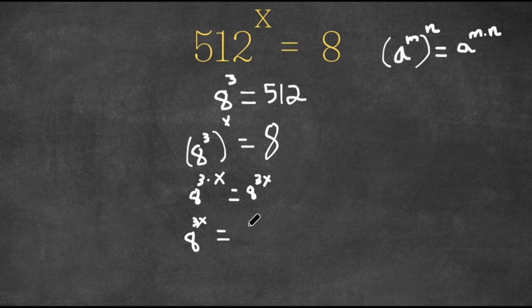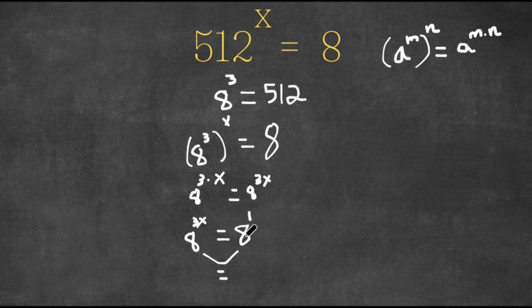equals 8. And now if you notice, our two bases here are the same, meaning because our two bases are the same, our two exponents have to be the same as well. And the exponent for 8 is actually just 1, because 8 to the power of 1 is equal to 8.